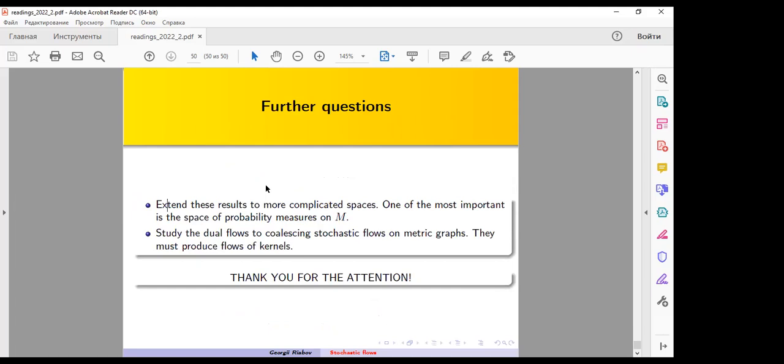Thank you very much. Georgi, can I ask you a question about this work of Evans on coalescence, where they introduced conditions for the instantaneous coalescent property? They considered, as I understood, the compact. Yes. And after any positive time t, we can guarantee that we have only a finite number of points.